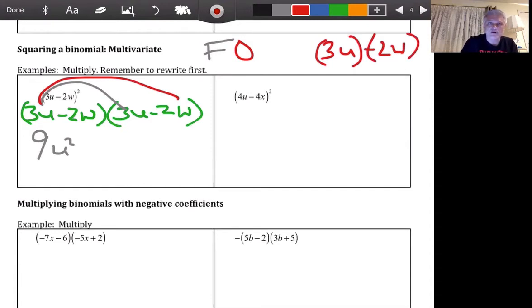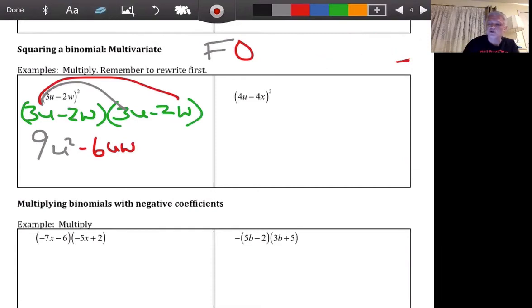Don't just try to do it in your head and then make a careless mistake. So 3 times negative 2 is going to be negative 6. U times w is uw. Don't make it harder than that. U times w is uw, which still means u times w.